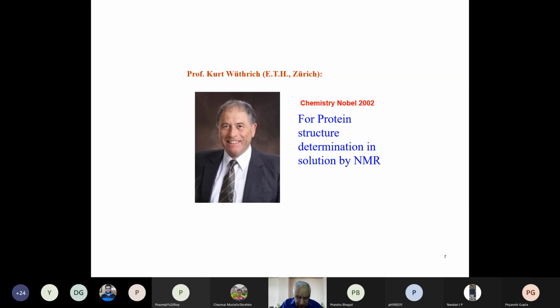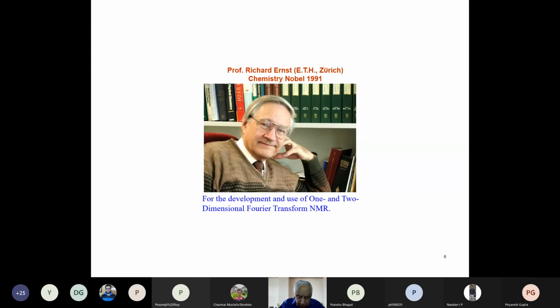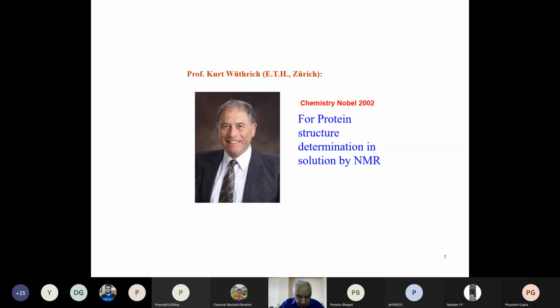Actually, it was expected that these two people would share the Nobel Prize in 1991, but that did not happen. Wuthrich had to wait for another 11 years to get his Nobel Prize for protein structure determination in solution by NMR. So, Ernst got the prize for development of techniques, and Wuthrich got the Nobel Prize by using those techniques, getting the structures of proteins in solution by NMR.